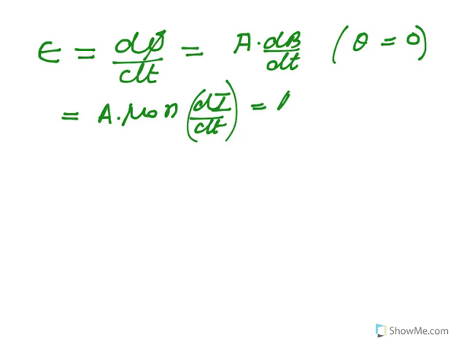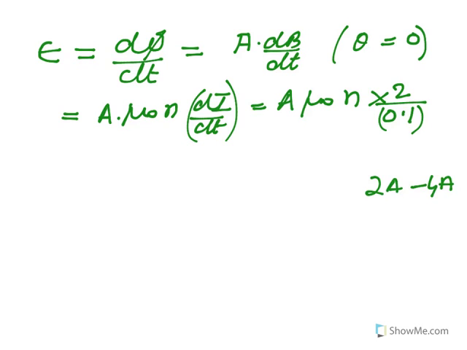which is equal to A into mu naught N di dt. The current changes from 2 amperes to 4 amperes in time 0.1 seconds, so di dt will be equal to 4 minus 2 by 0.1.